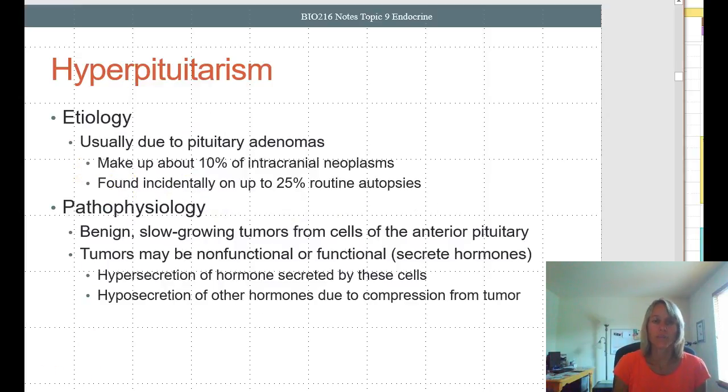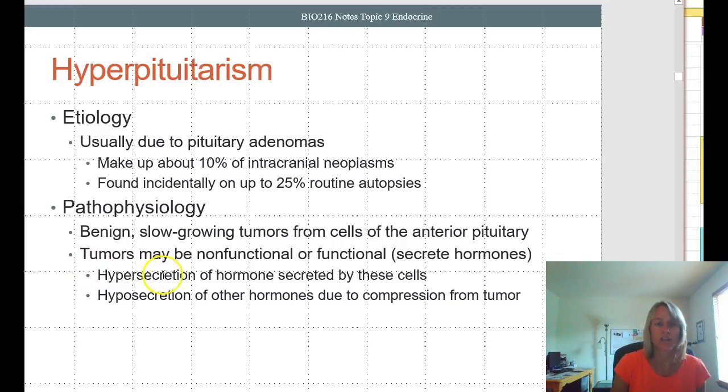Okay, we can also have hyperpituitarism, and this is most often caused by pituitary adenomas. These are benign tumors of the pituitary. These tumors can be non-functional, or they could be functional. They could secrete hormones, and if they're secreting hormones, they may be secreting too much of that hormone.